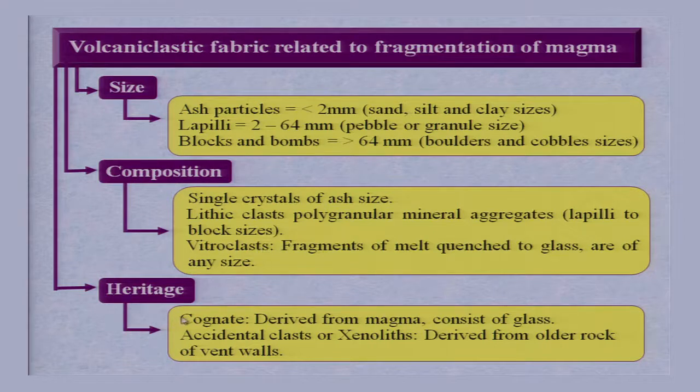The last one is heritage. Cognate, derived from the magma, consists of glass. If the volcanoclast you are looking at is derived from the magma and consists of glass, then the term cognate is used. Accidental clast has nothing to do with the volcano, but suddenly external material or rock from an unknown source falls into the magma, giving rise to an accidental clast.